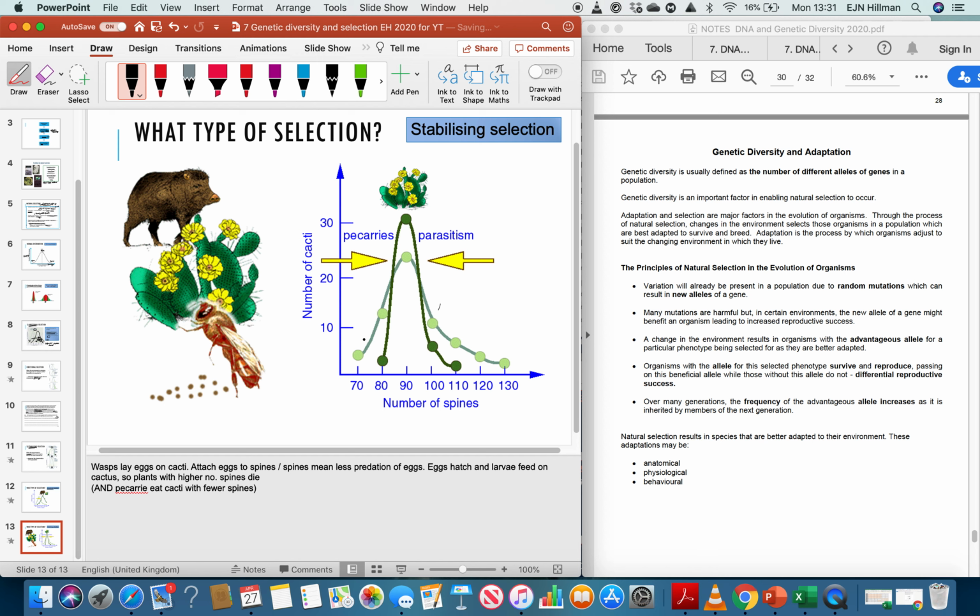In order to do that, there's a selection pressure against the extremes for fewer spines, and there are also selection pressures against the extremes at the greater number of spines. So the mean number of spines is selected for, so we know this is a type of stabilising selection.